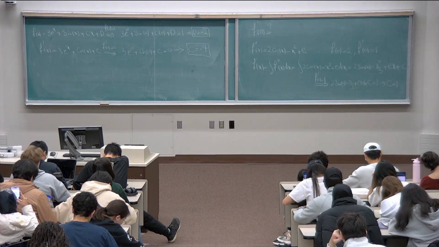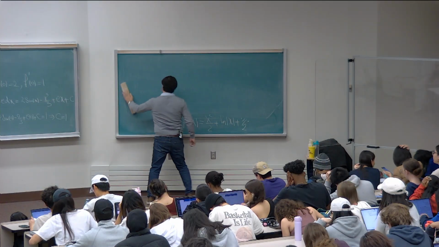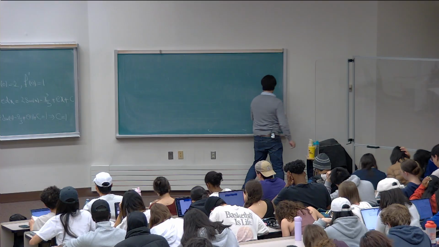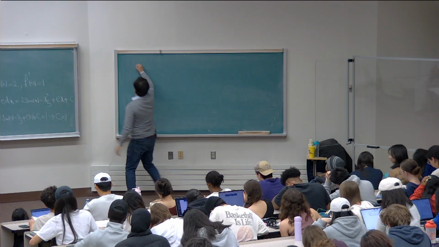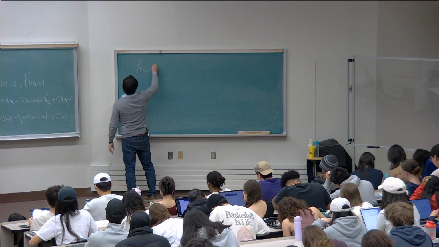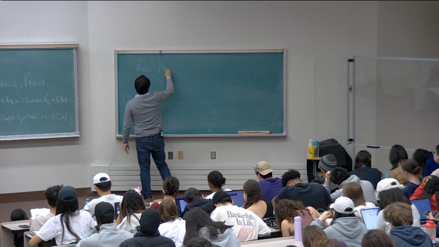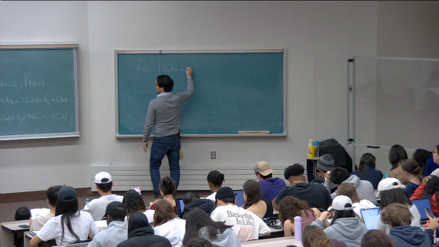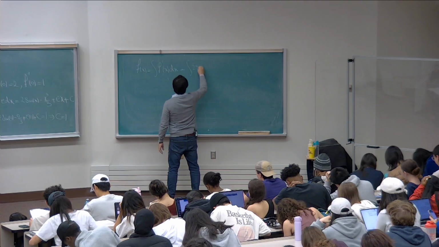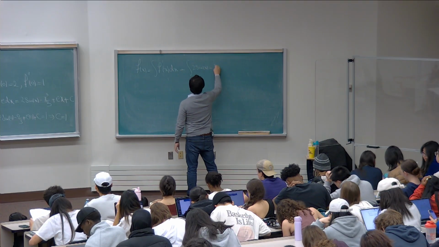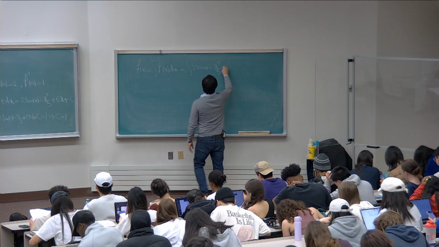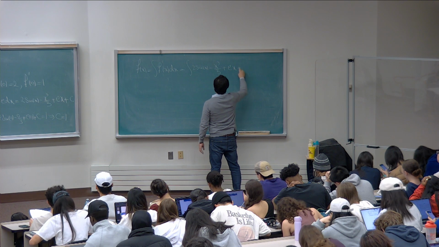Now I have f prime, I can find what f is. That's the antiderivative of f prime. We get the integral of 2 sine x minus x cubed over 3 plus e times x plus 1 dx.